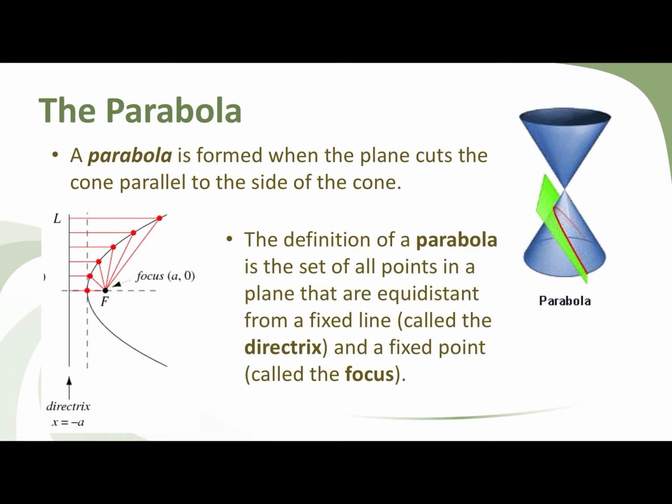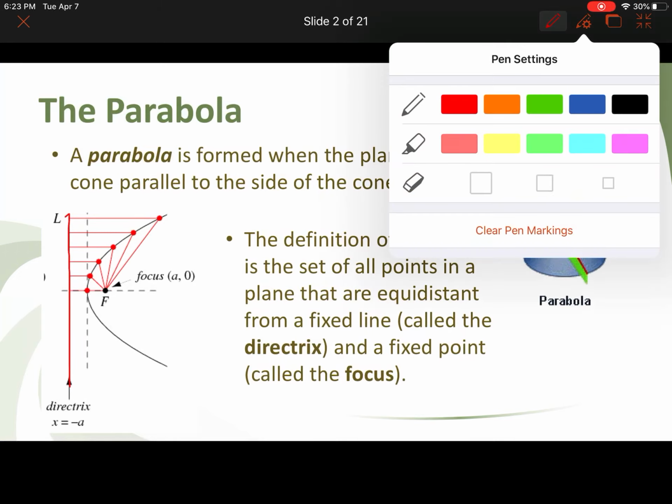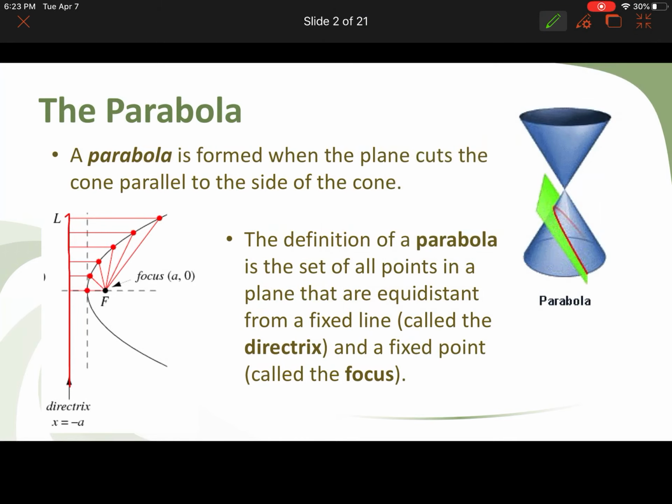So the definition of a parabola is the set of points that are all the same distance from a point called the focus and a line called the directrix. So in this picture here, here's our line, the directrix, and here's our focus.